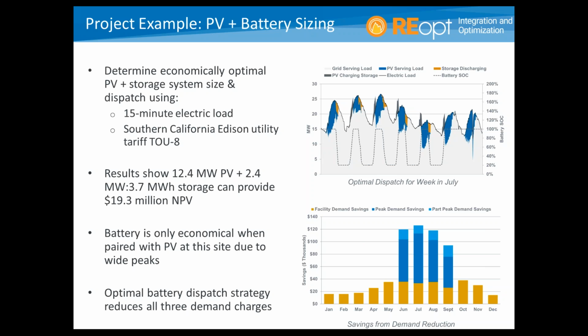And so in each time period in this analysis, there's a decision to be made about whether to charge, discharge, or do nothing with the battery. And if you decide to charge or discharge, then you need to know how much. And so using this economic optimization model really allows you to identify the size of storage and the associated dispatch strategy that maximizes the economic benefit of that integrated system.